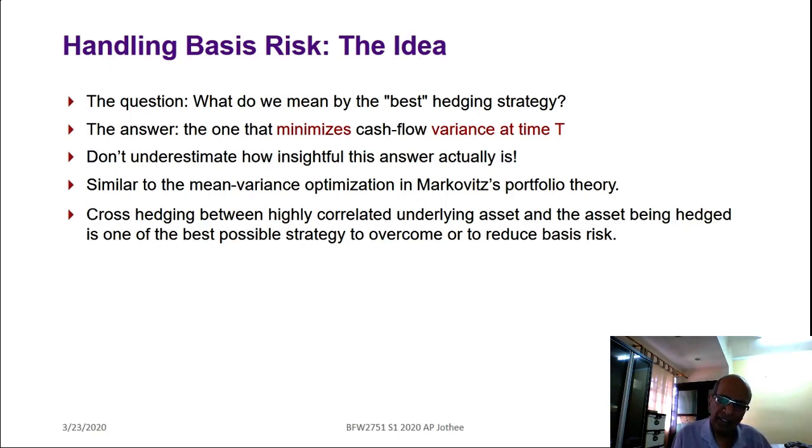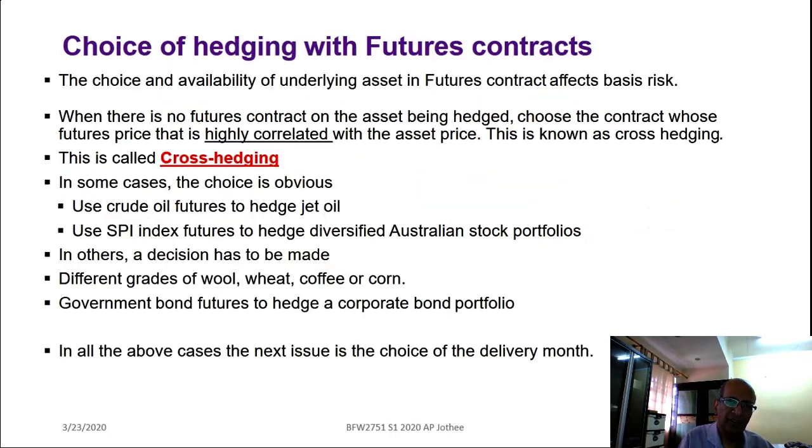Highly correlated underlying assets and the asset price being hedged is one of the best possible strategies to reduce the basis risk. You can't eliminate the basis risk 100% when you have these two issues of a commodity mismatch and a delivery time mismatch. You can reduce it as much as possible. That's why we say optimal hedge strategy. Optimizing it.